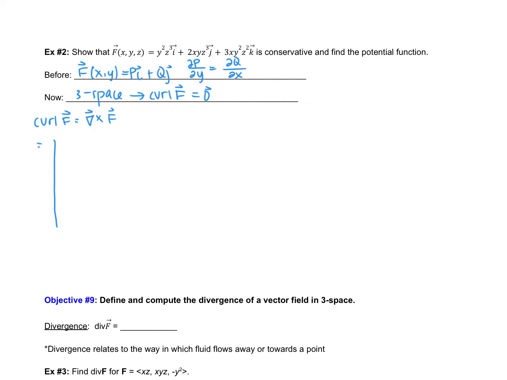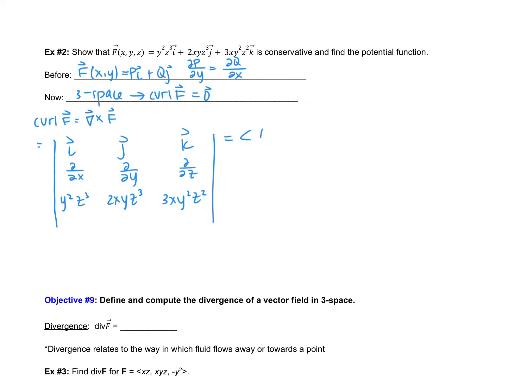I'm going to start by writing the functions just so that I make sure I have enough room. So then we get 2xyz cubed, 3xy squared z squared. So this is i, j, k. I have the partial with respect to x, the partial with respect to y, the partial with respect to z. Okay, so when I compute this, I'm not going to show all of the work, but I will show you the partial this way, the partial this way, and then we can simplify.